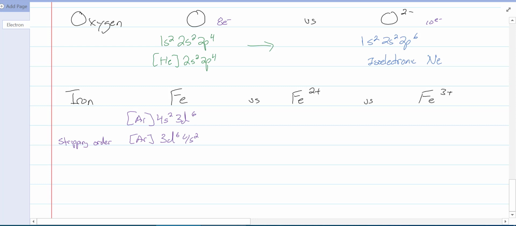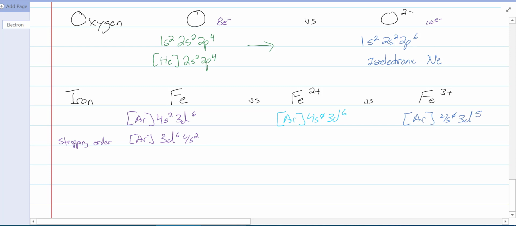Iron 2 plus will be argon, 4s0, 3d6. You don't have to write the 4s0, I'm just writing it down. Because I take the S apart first. Iron 3 plus, argon, it's still 4s0, but it's 3d5 now.